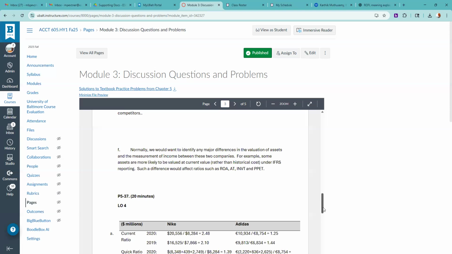So generally speaking, for things like inventory turnover and receivables turnover, IFRS and US GAAP do not have substantial differences. But for things like asset revaluations, which is what the solution points out, IFRS allows mark up of assets to fair value, which US GAAP does not. That could introduce distortionary differences, which could, for example, lead to their PP&E turnover ratio not being comparable.